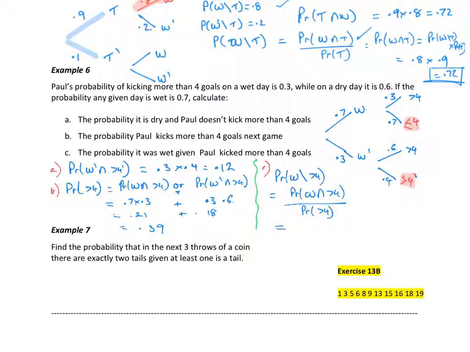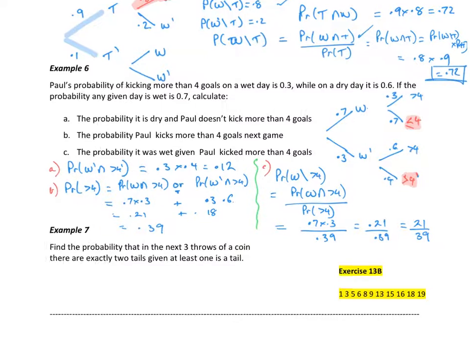Wet and more than 4 is 0.7 by 0.3, and the probability of more than 4 we just worked out, which was 0.39. So it's 0.21 over 0.39. Never leave decimal on decimal. So in reality, we multiply top and bottom by 100, and we end up with 21 on 39. All right, so just using our rule as we come across it.